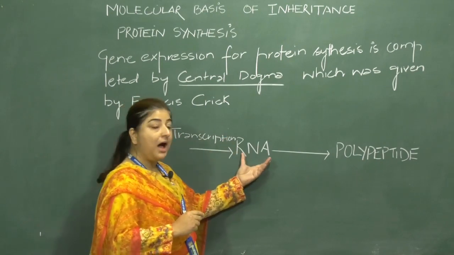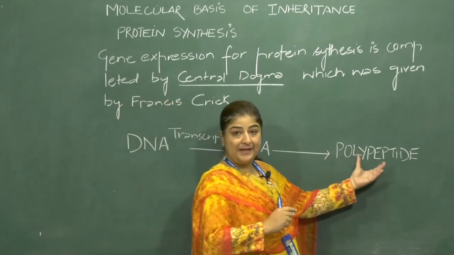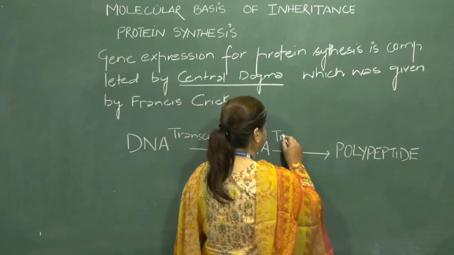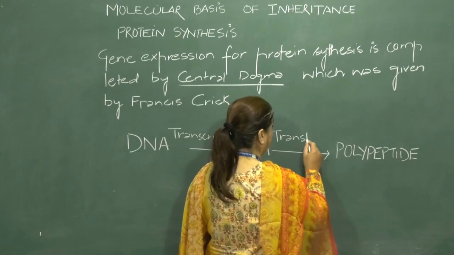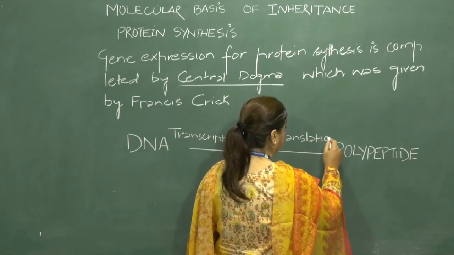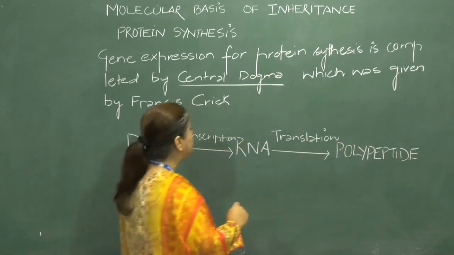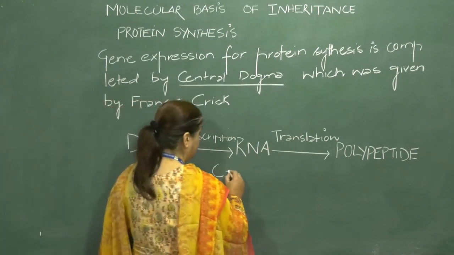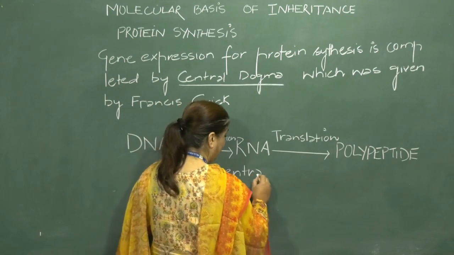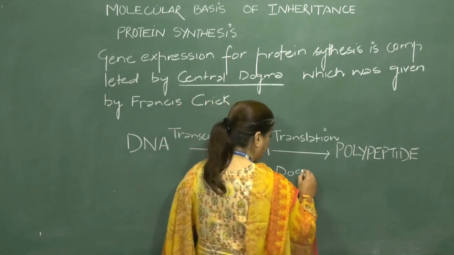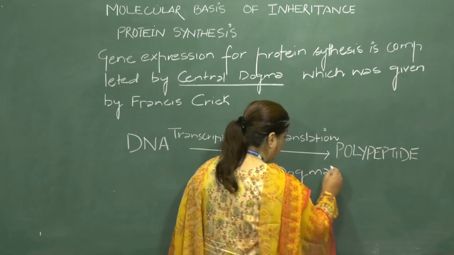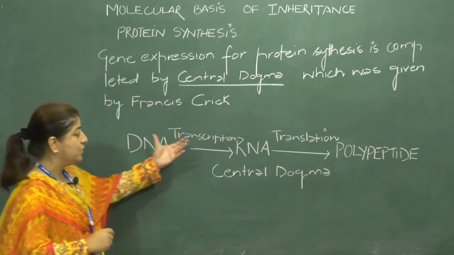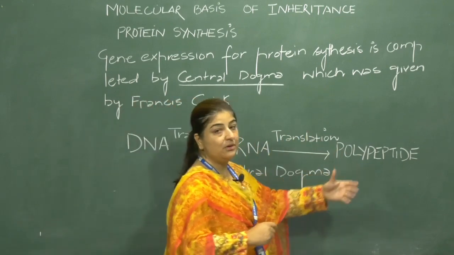And when from RNA a polypeptide is being made, this process is termed as translation. So this overall process is termed as central dogma: from DNA to RNA and from RNA to polypeptide.